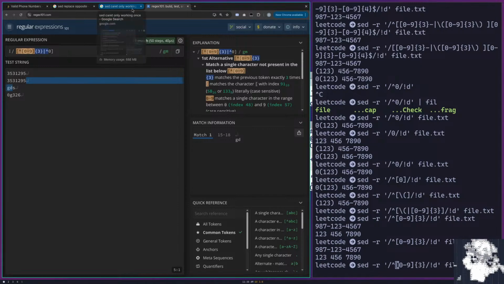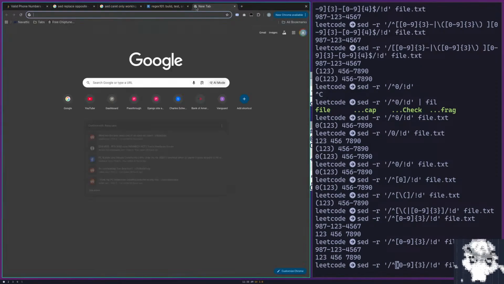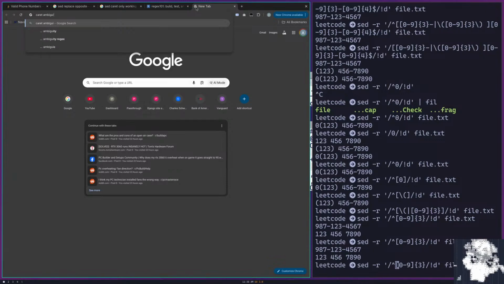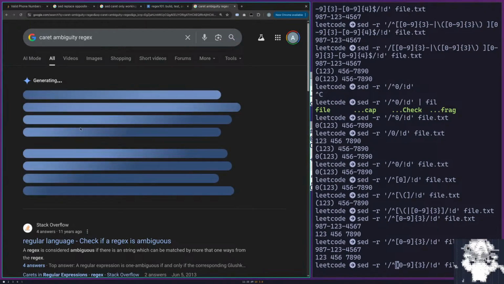How do I make it mean caret? Ambiguity regex?